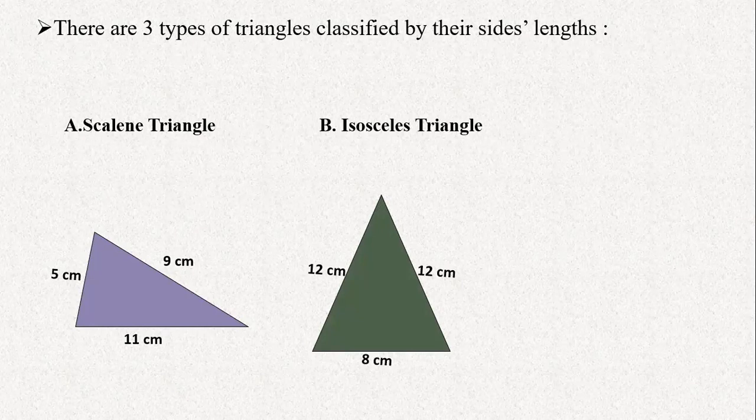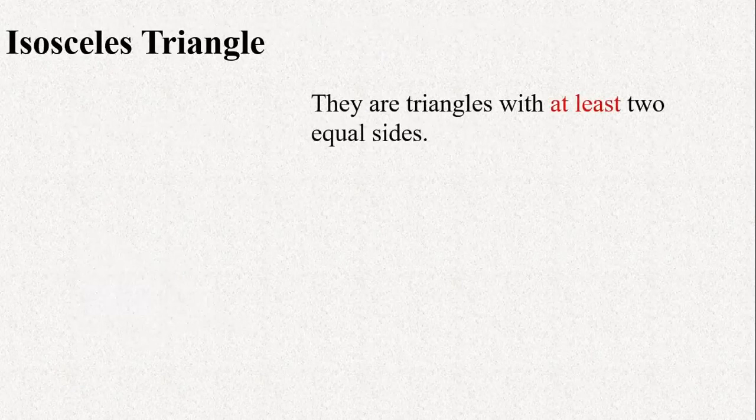Did you see the difference? I think you did. Let's explain it. Isosceles triangles are triangles with at least 2 equal sides. I highlighted at least because this is very important. We will see the importance soon.